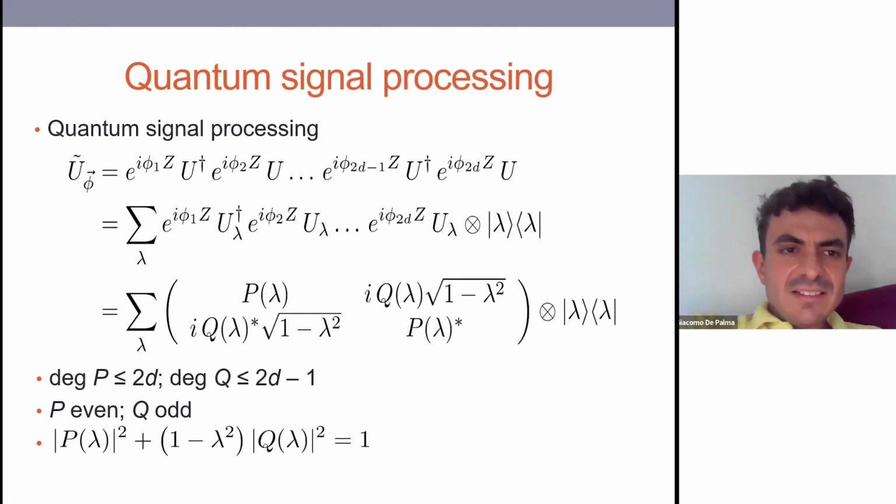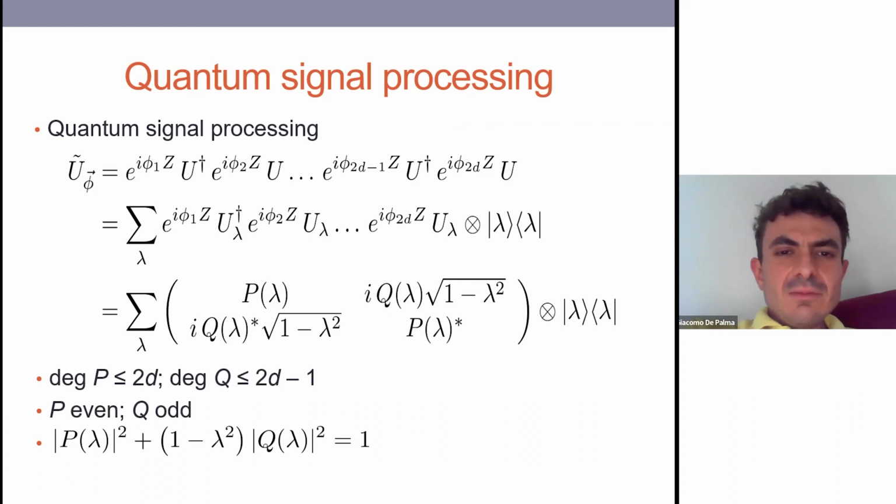So we can write this U tilde as a sum over lambda of the projector on the eigenvector lambda tensored with this object here that you see on the left.